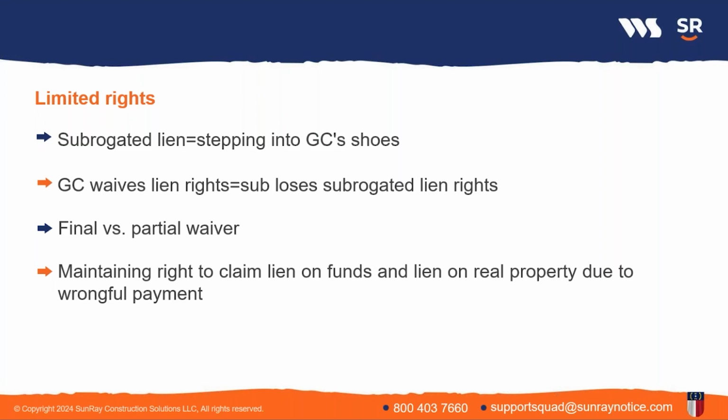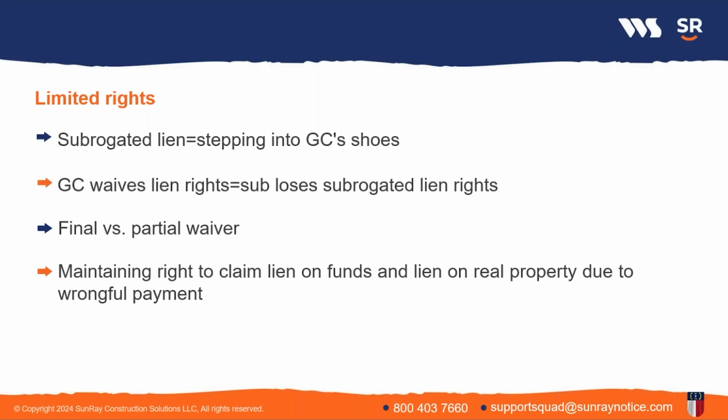And that's why it's important for subcontractors to assert any lien rights as soon as it becomes clear that you haven't timely received payment for work completed, because you want to make sure you get those served on the owner before payments go to the contractor, before lien waivers are signed, etc.